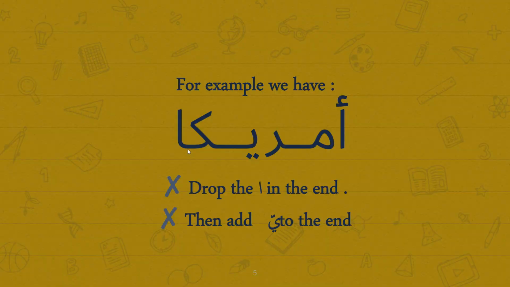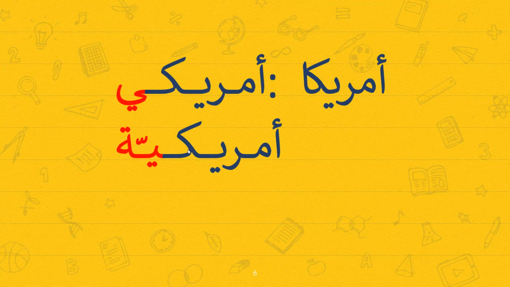So let's see. We have America, and we dropped the alif in the end, and we added the ya, so it's Amerikei. He is American, Amerikei. And for she is American, it's going to be Amerikiya. So we added the ta marbuta to make it feminine.